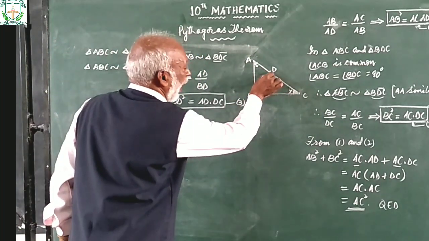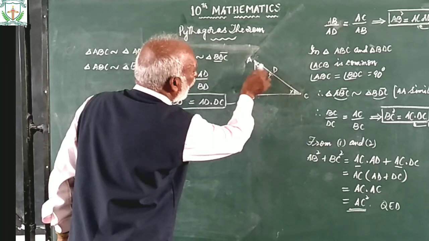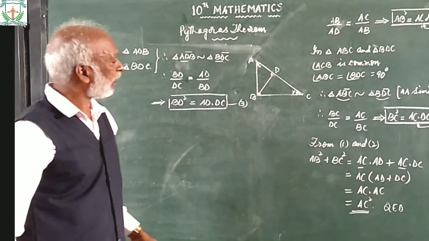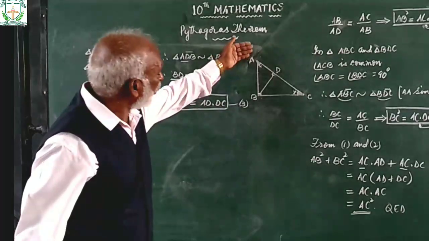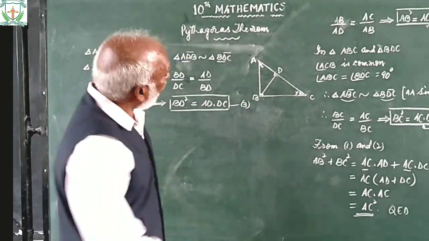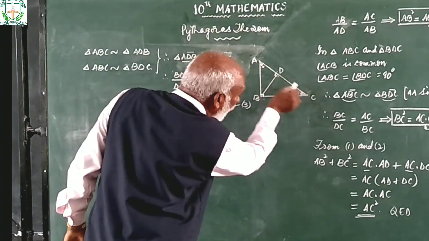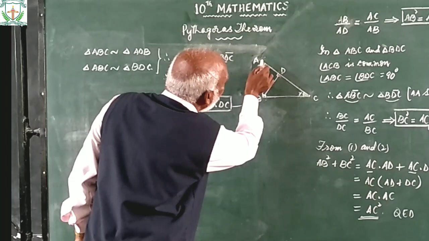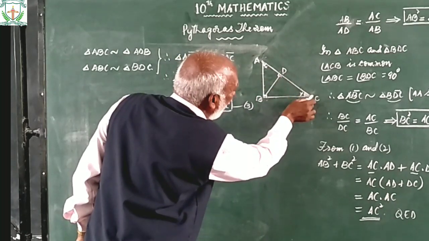BD square is equal to AD into DC. Very simple now. The square of AB is equal to the hypotenuse into this part. This part, not this part, okay?